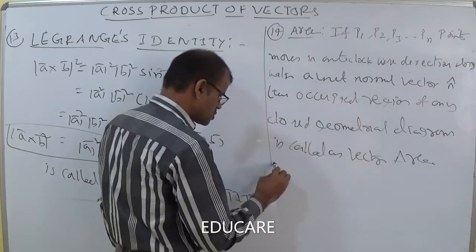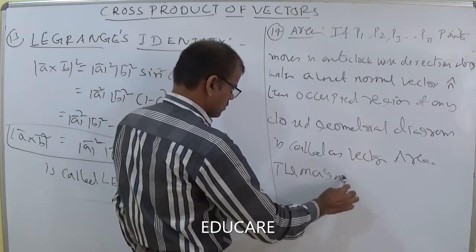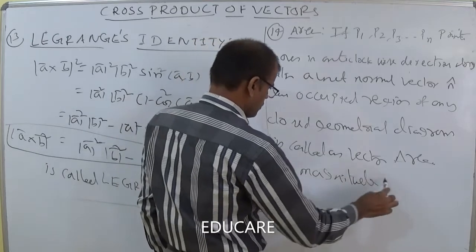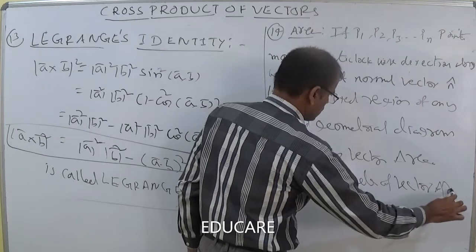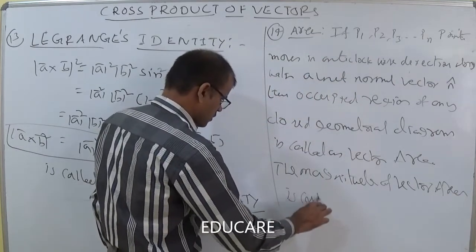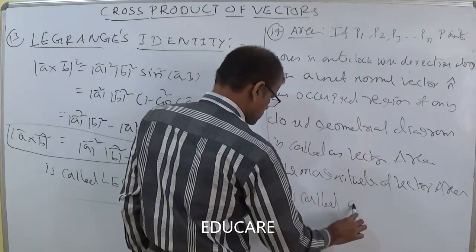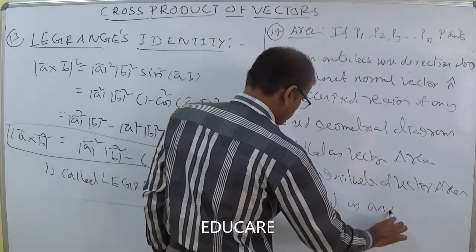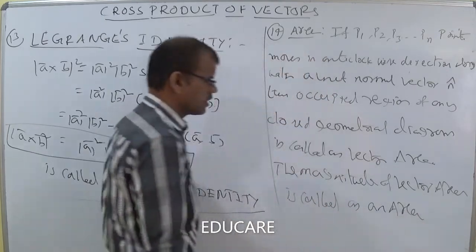The magnitude of the vector area is called simply the area.